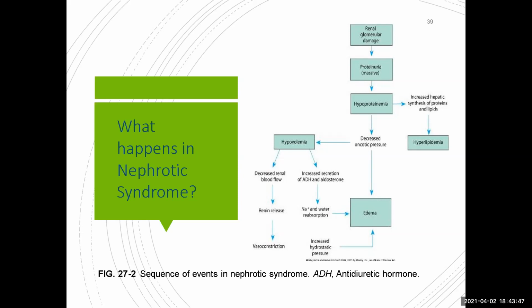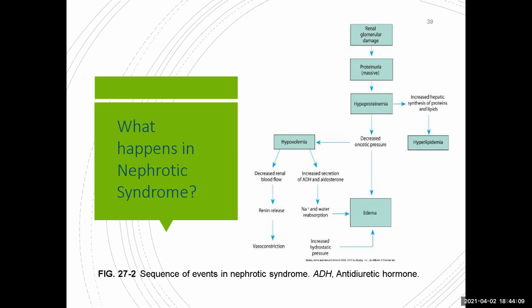It's a kidney disorder that's marked by protein in the urine, hypoalbuminemia, increased coagulation, edema, and hyperlipidemia. And the pathophysiology behind it is the glomerular protein permeability increases.